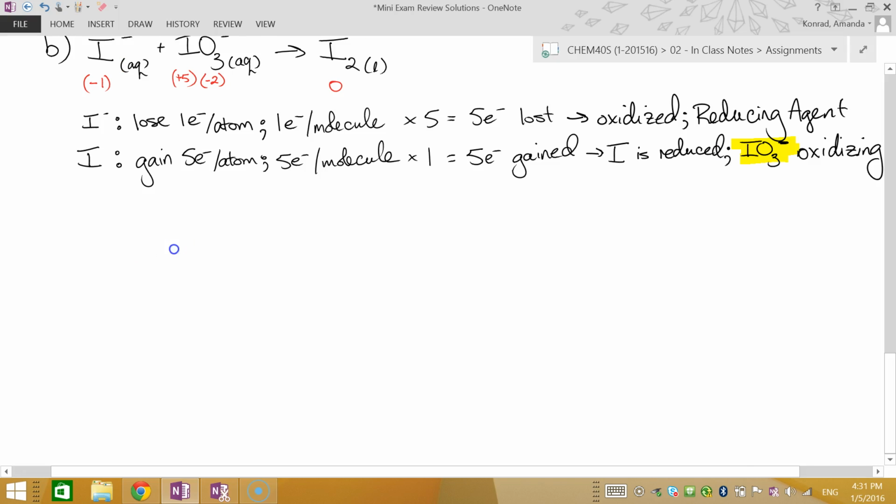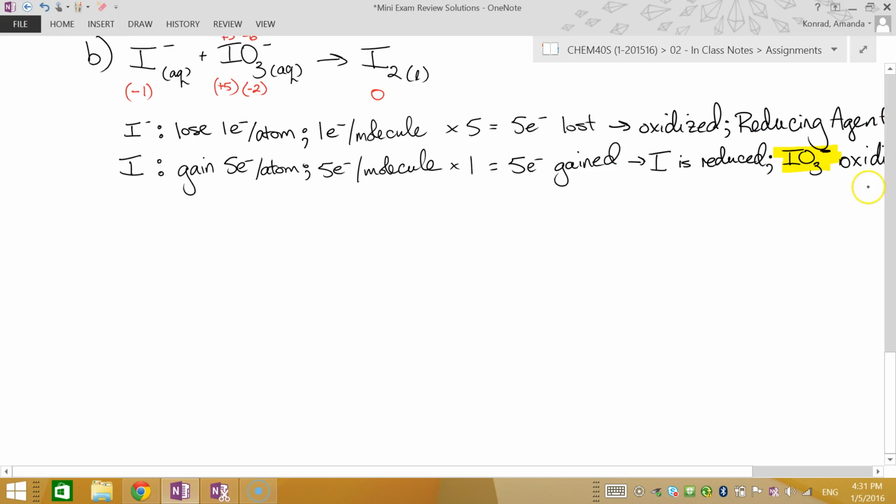So, going back to the original question, we don't really care about this. That was additional information. We need to write a balanced equation. Well, the numbers that we multiplied by right here are our coefficients. So when I fill in my equation, I'm actually going to have 5 iodides, and I'll leave my lone iodine as part of the iodate.